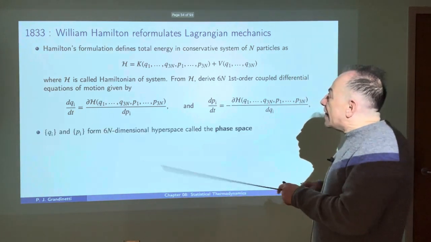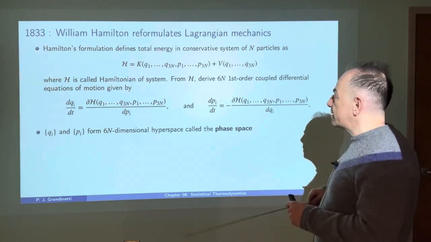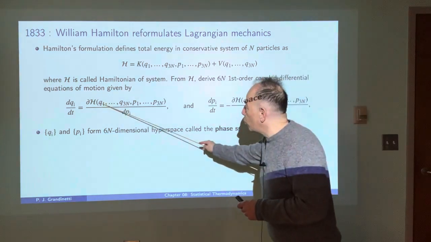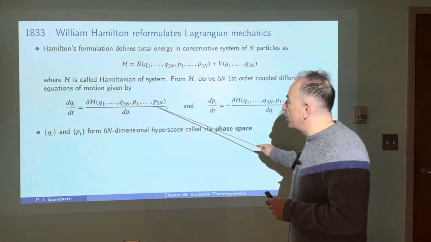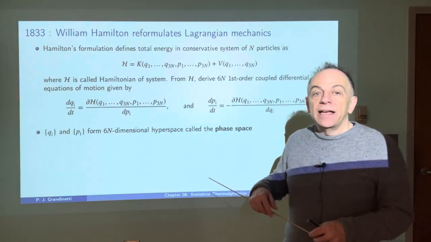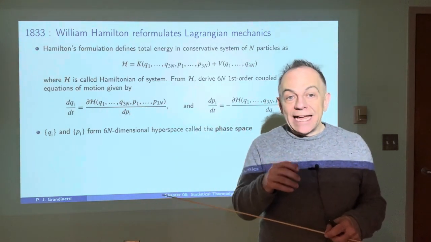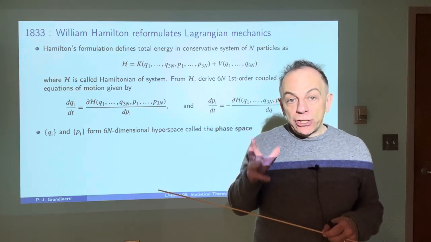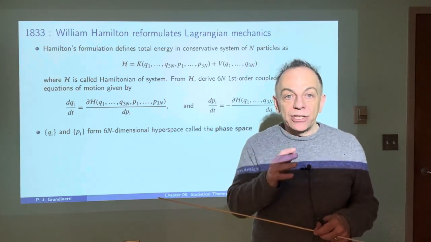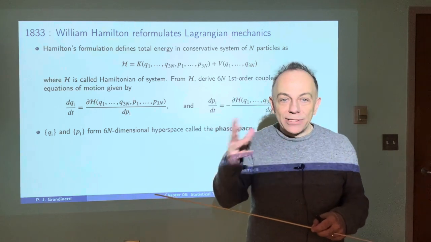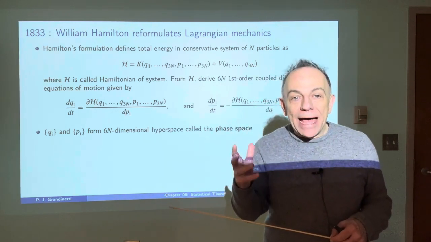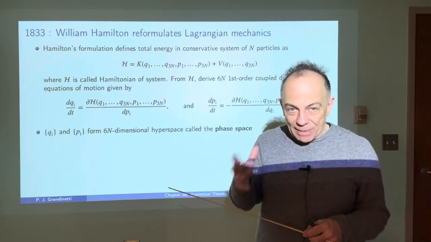Those coordinates, the 3n position coordinates and the 3n momentum coordinates, can be put together to create a 6n dimensional space. So you can imagine one-dimensional space, two-dimensional space. Now try to imagine a 6n dimensional space.